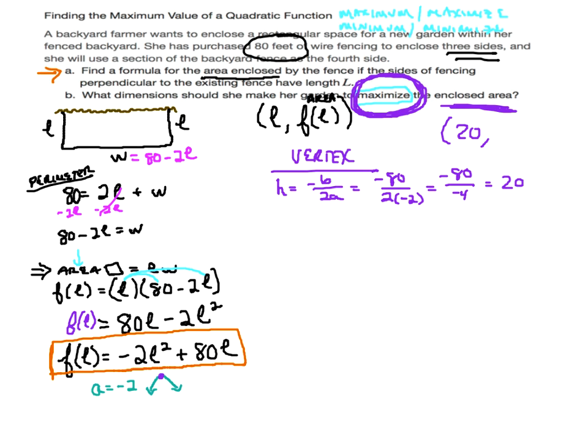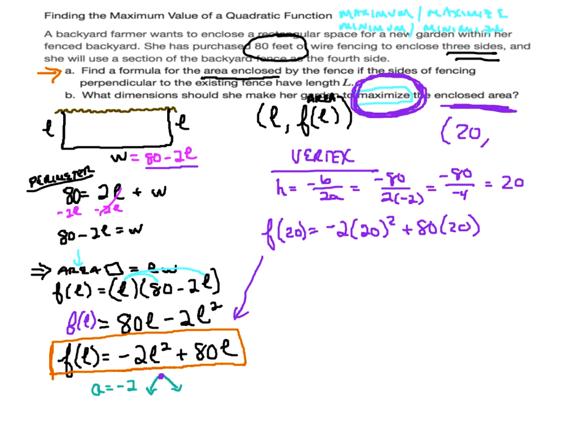And then I plug that into my formula for width to find out the other dimension, but first I plug it into my function. So I do f of 20 to find out what that maximum area is. So negative 2 times 20 squared plus 80 times 20.